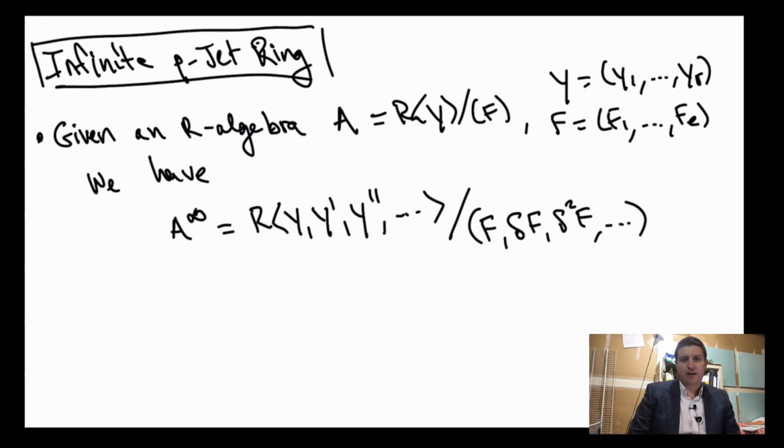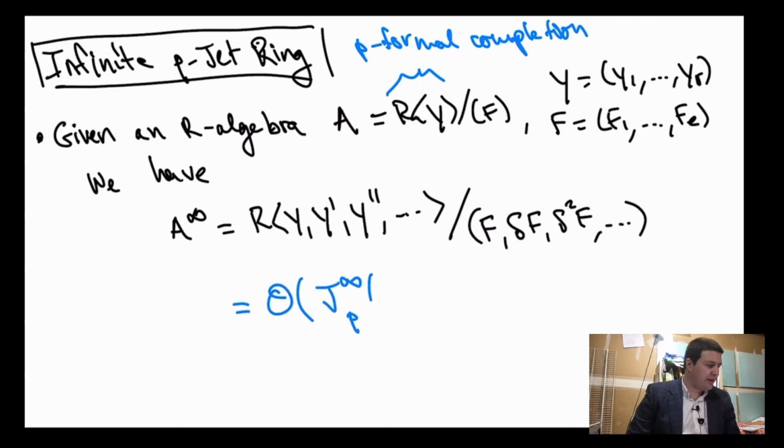So you take derivatives of the coordinates. In this version here, I'm going to work p-formally. So this is the p-adic completion of the polynomial ring in r variables.